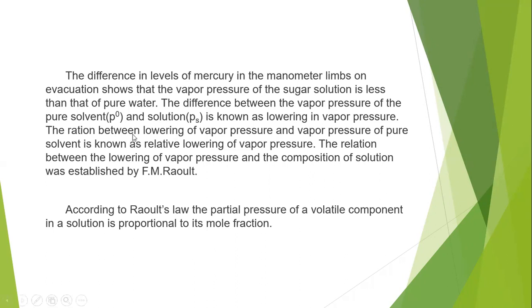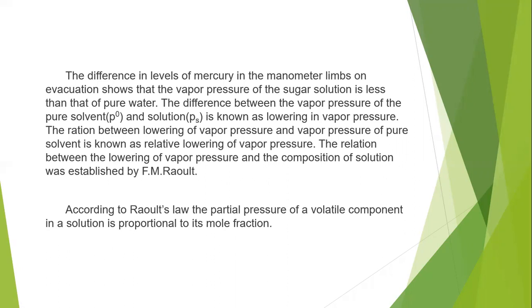The ratio between the lowering of vapor pressure and the vapor pressure of the pure solvent is known as relative lowering of vapor pressure. The difference between the vapor pressure of the pure solvent and the solution is the lowering of vapor pressure. If we take the ratio between the lowering of vapor pressure and the pure solvent vapor pressure, then it is the relative lowering of vapor pressure.